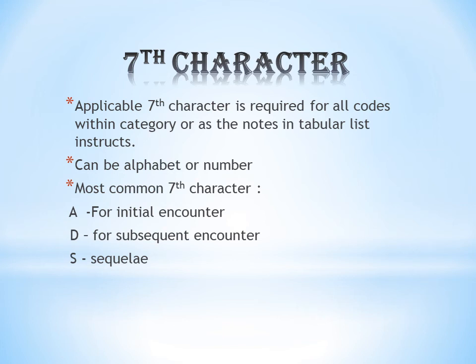So if the patient comes with a particular reason for the first time, the seventh character is A. If it is for the second or third or fourth or any visit other than the first visit, the seventh character is D. Now what is S? Sequelae. Sequelae means late effect or consequence. For a particular condition, the patient comes to the hospital having a consequence of that condition, which is the sequelae of the first condition.